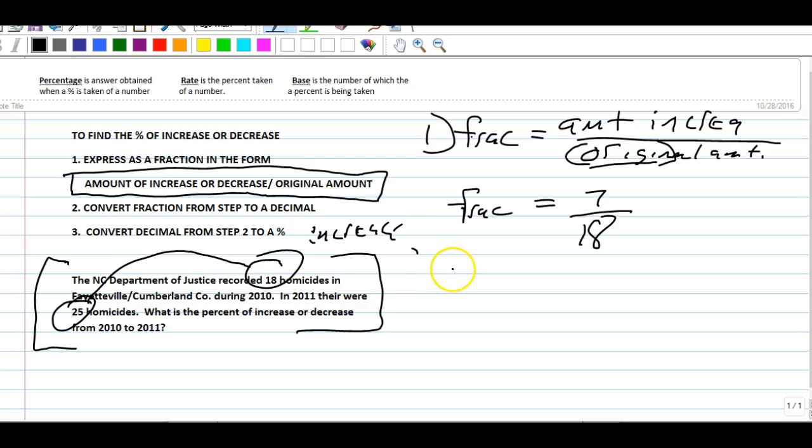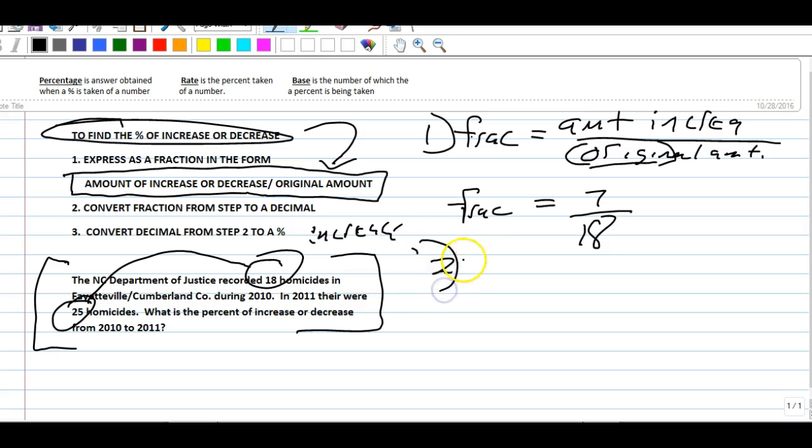That is what we did when we were trying to find what percent one number is of another. If we want to find the percent of increase or decrease, we use this relationship: the amount of the increase, an increase of 7 homicides from 2010 to 2011, over the original amount, which is 18.